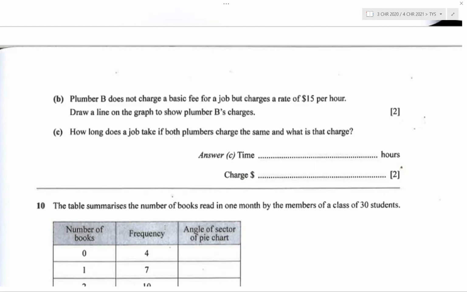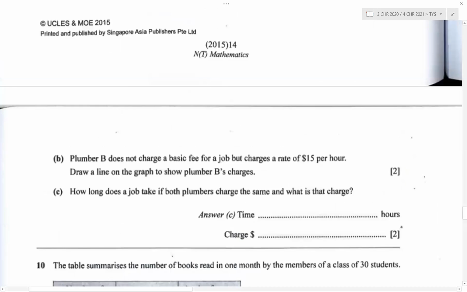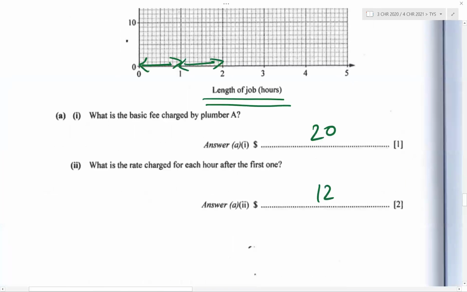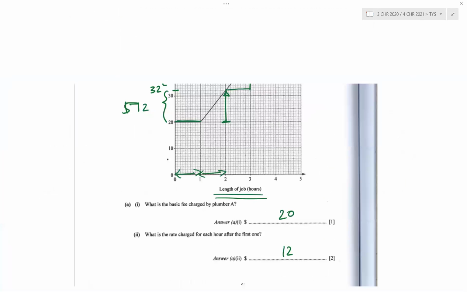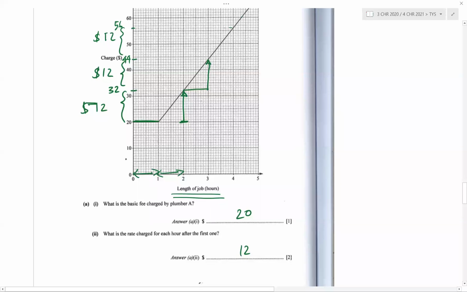Plumber A is more expensive if it is a half an hour job. What if it is a 1 hour job? Who are you going to employ? A or B? Still B, isn't it? Plumber B charges you $15. Plumber A is still charging you $20. What about a case where we have many hours? As we will observe later on, we'll think about that in a while.